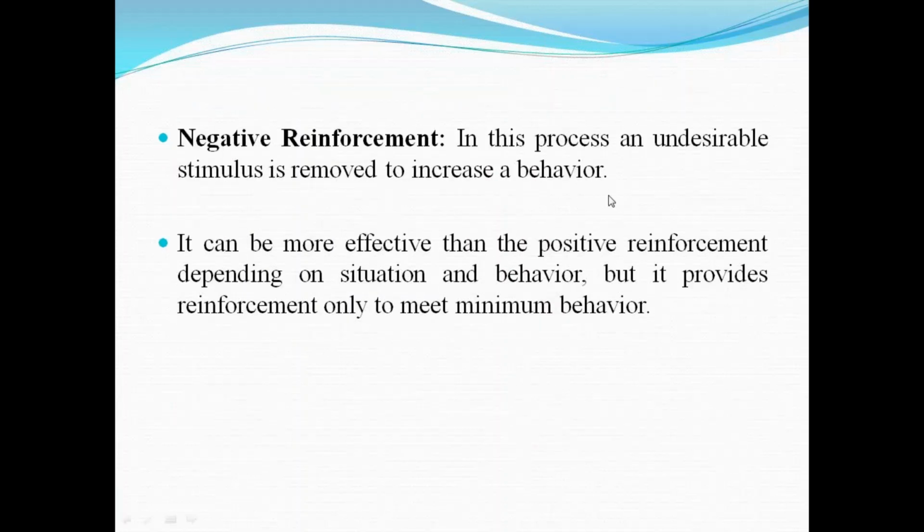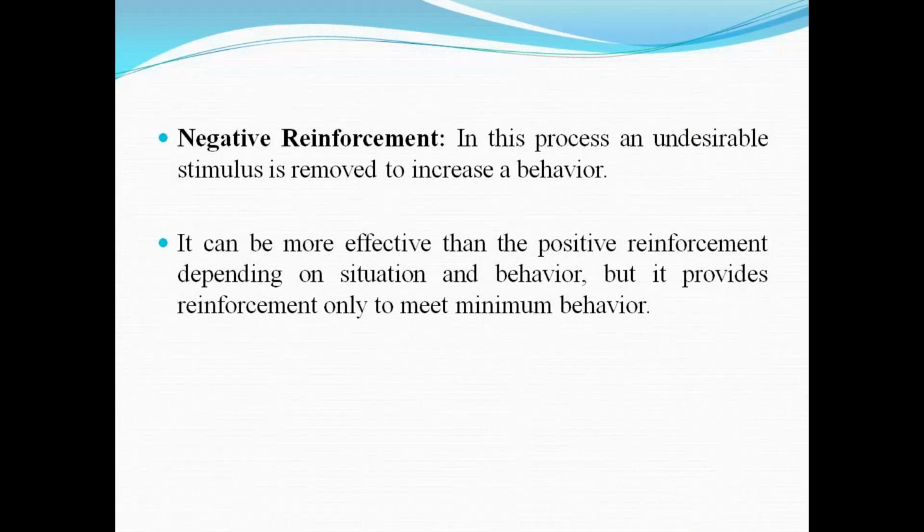Negative reinforcement is a process where an undesirable stimulus is removed to increase the behavior. So here also the behavior of the agent is increased, but here we'll be removing the undesirable stimulus. What does this mean? Take the example of a car where you put on a seat belt.